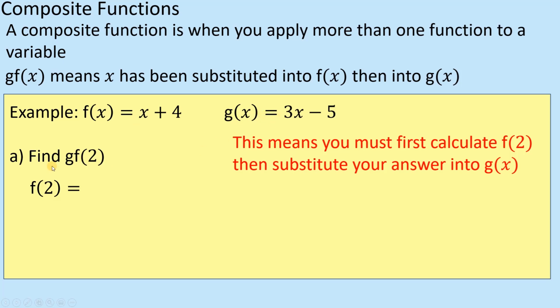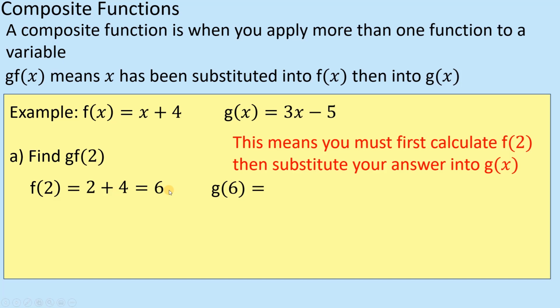As you can see, we've got f of 2, so let's do f of 2. Like in part 1, f of 2 is 2 plus 4, which gives me 6. That's f of 2, that bit there. Now we've got g of f of 2, so what we've got now is g of 6, because we've just worked out that bit.